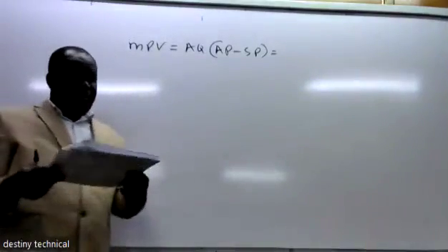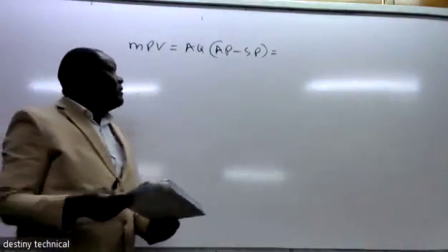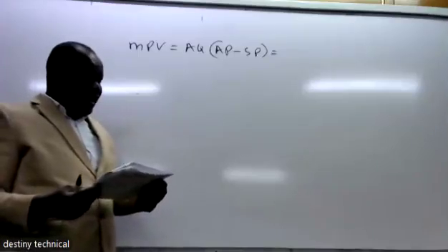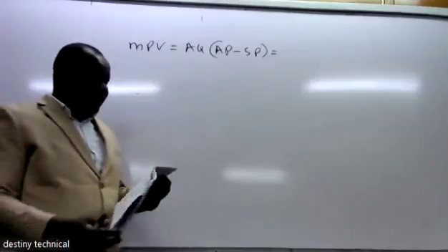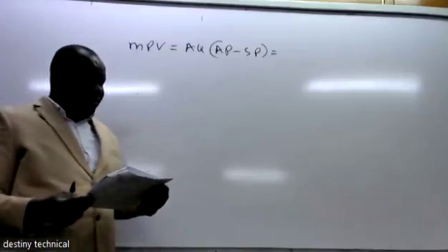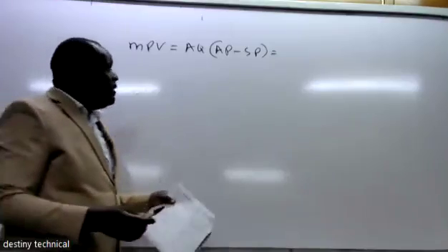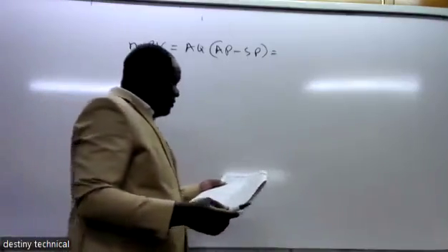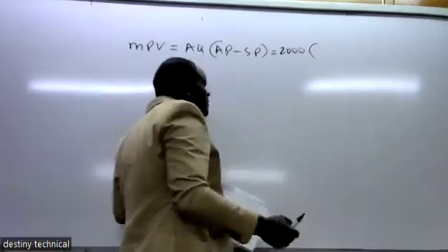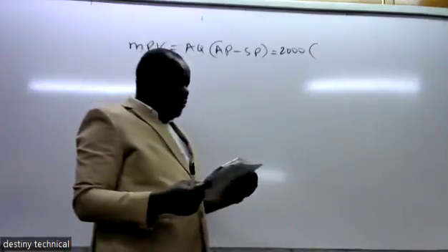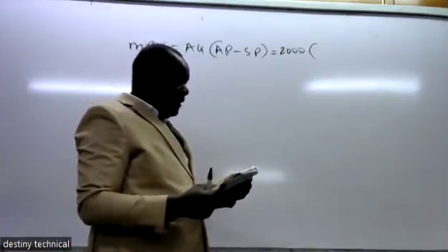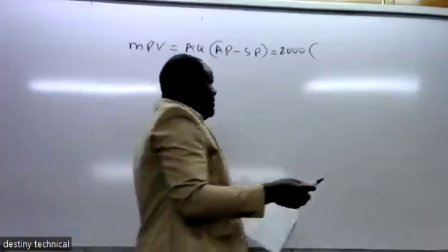So the actual quantity is from the details for the production: material used is the actual quantity. There were 2,000 kilograms of the material that were used. The actual price is 3.50.